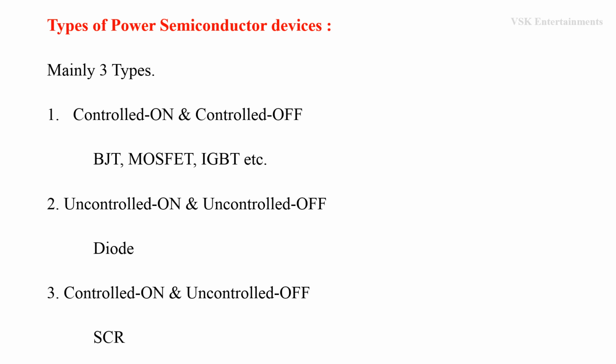Now we are going to discuss the different types of power semiconductor devices. This concept is very important from the GATE point of view. Try to concentrate. Depending upon the control strategies, these power semiconductor devices are mainly classified into three types.